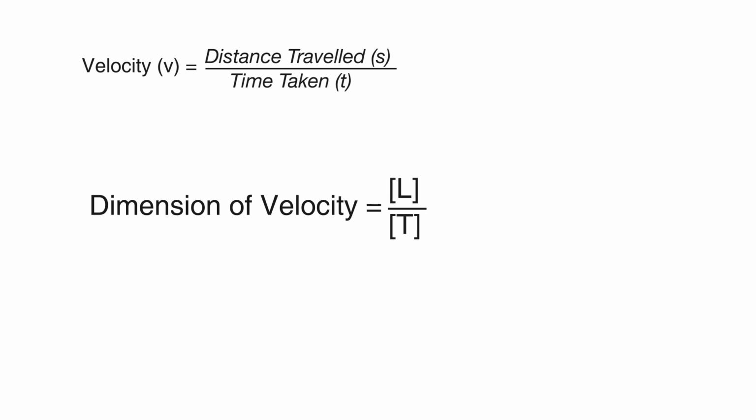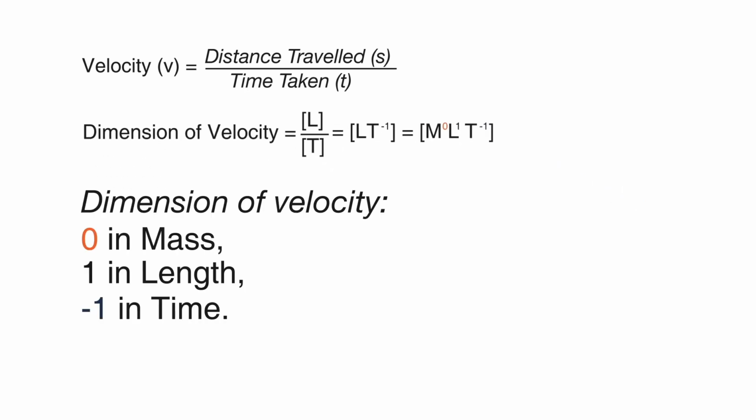Therefore, the dimension of velocity is LT^-1, which can precisely be written as M^0 L^1 T^-1 and read as the dimension of velocity is 0 in mass, 1 in length and minus 1 in time. In this way, we can find the dimension of any physical quantity, but we should first know their valid formula.